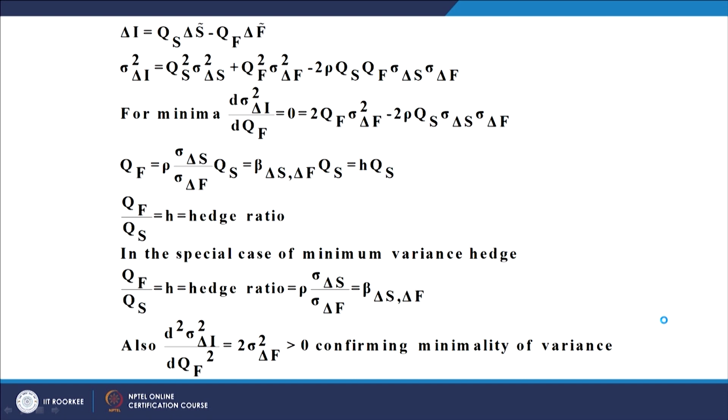Just to recall, the hedge ratio is given by QF upon QS, that is, the position that you take in the futures market for hedging to the exposure that you have in the spot market. And the number of contracts is obviously obtained by QF divided by the lot size Z.